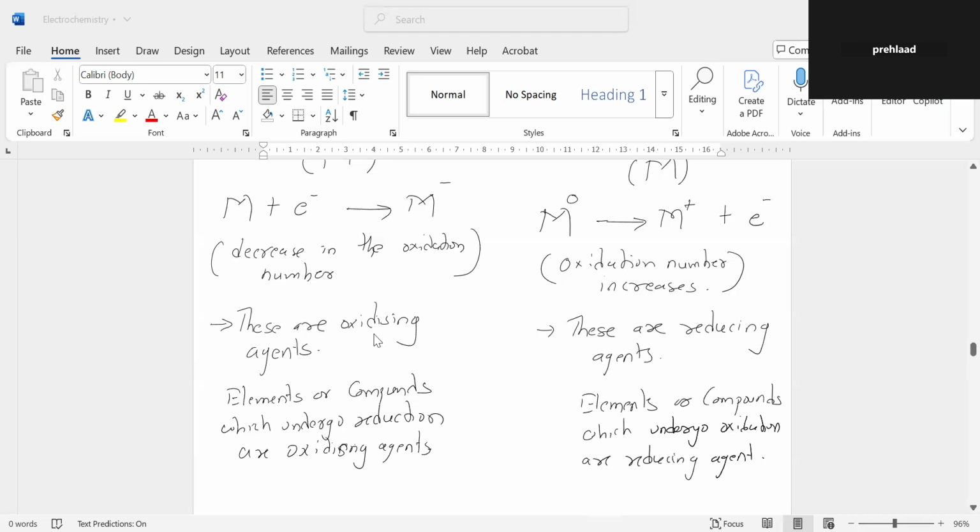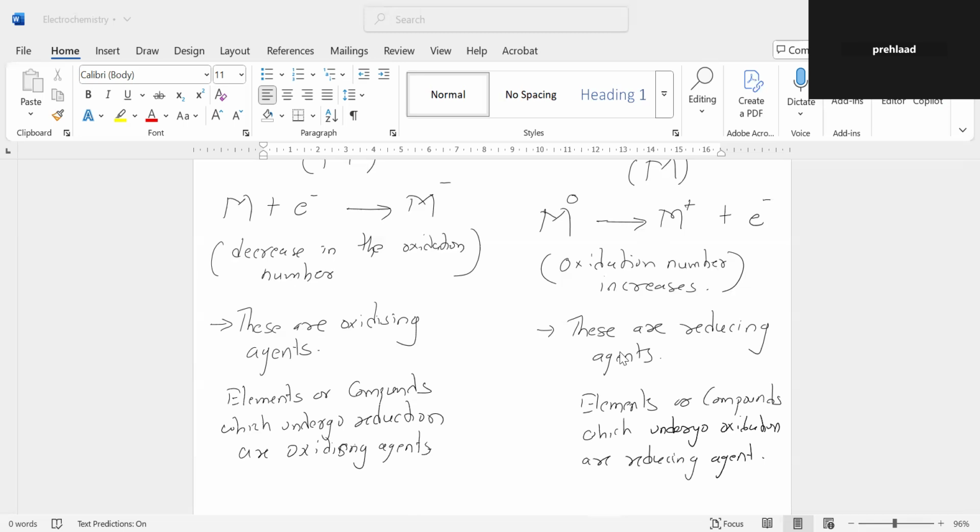So these are oxidizing agents. Anything that undergoes reduction is an oxidizing agent. Anything that undergoes oxidation is a reducing agent. So understand this. Reduction is a process. Oxidation is a process.